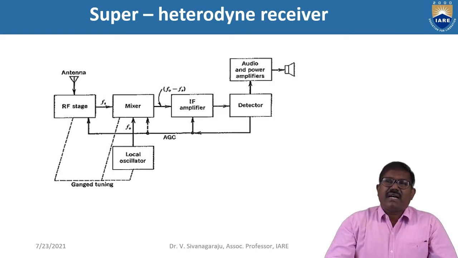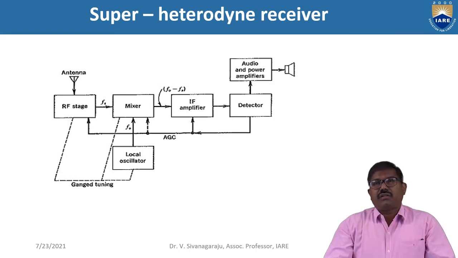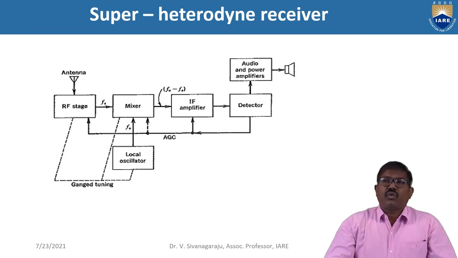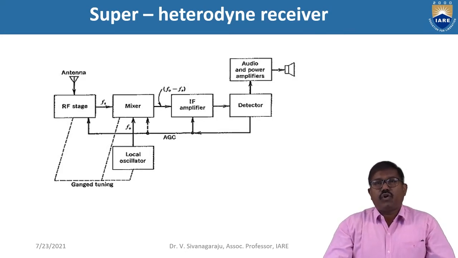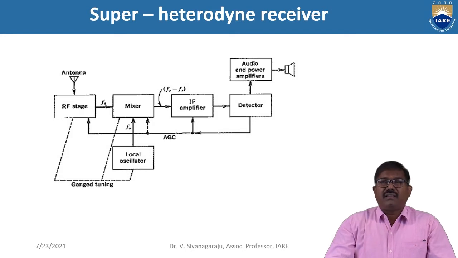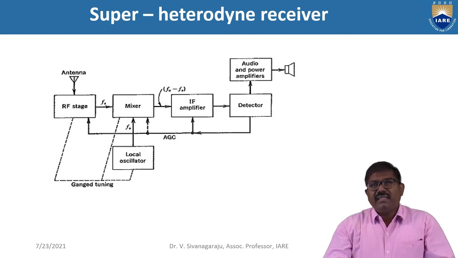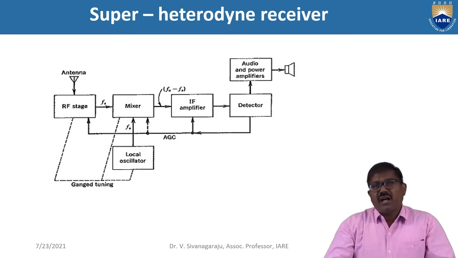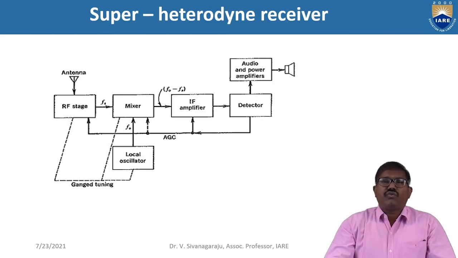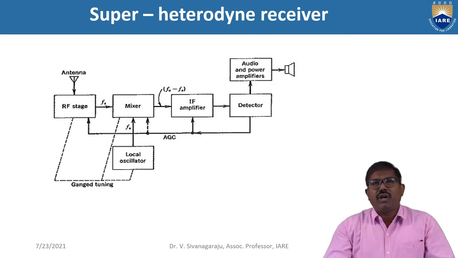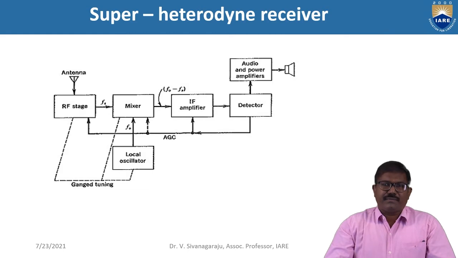And another one is a detector block. This detector is going to demodulate the signal and finally apply it to the amplifier stage. And these three, RF, mixer, and local oscillator, are going to gang each other. It means they are mechanically coupled to each other. So we can simply call it ganged tuning.